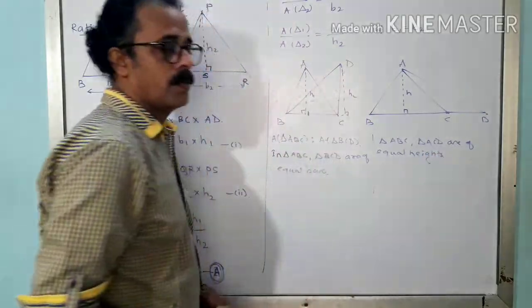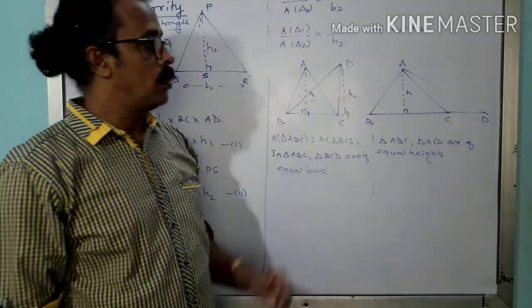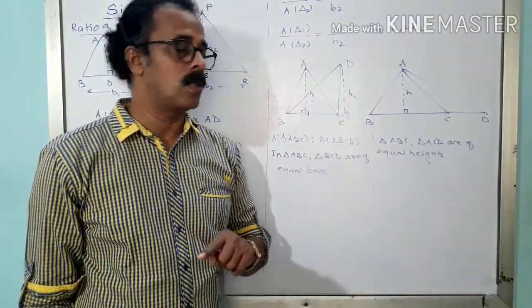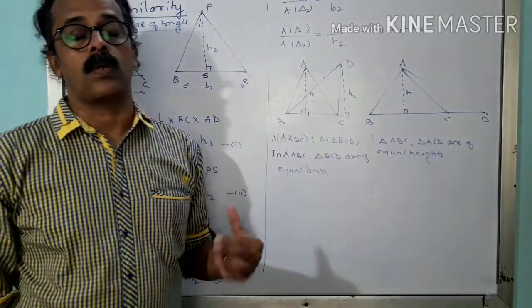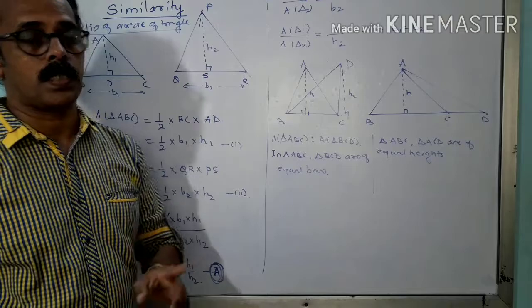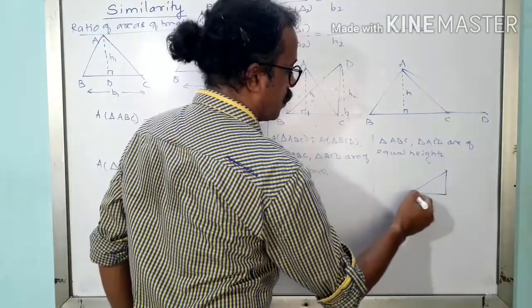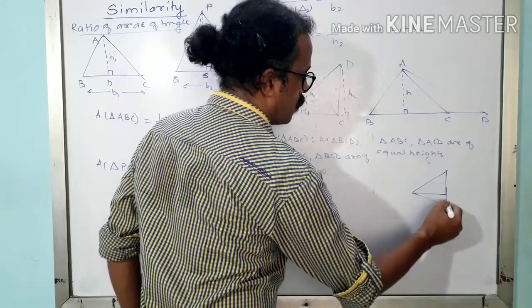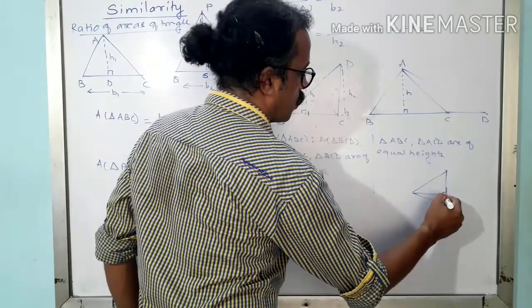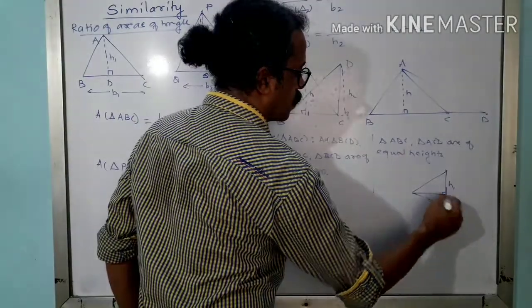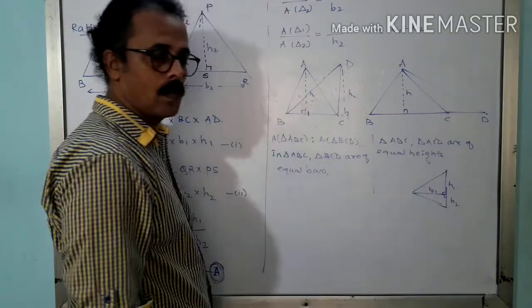Okay, it means whenever the question is given to you, you need to find out what is given there, whether they are having the same base or same height. Suppose if I give the question like this now, so what you can say about this is H1, this is H2, this is B1, right?